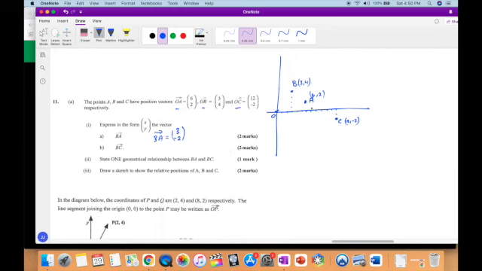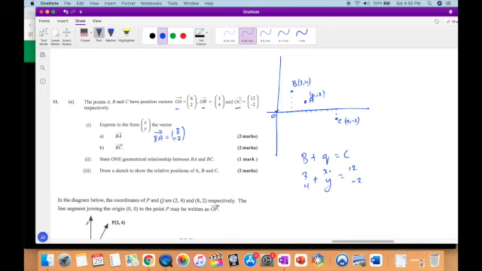So BC, well, I could do the same kind of thing, or I could do it Scotia's way. B plus some vector will give me C. So B is 3, 4, plus some x, y is going to give me 12, negative 2.